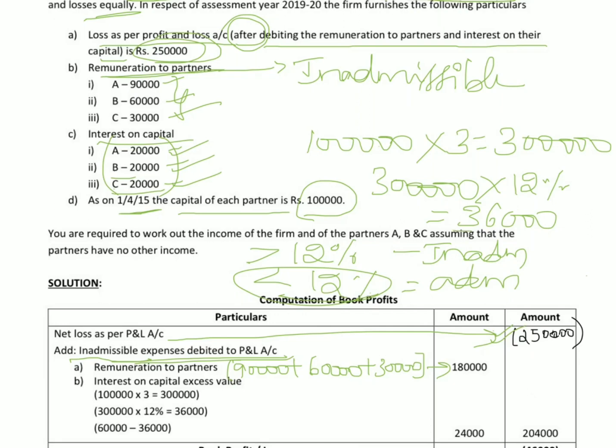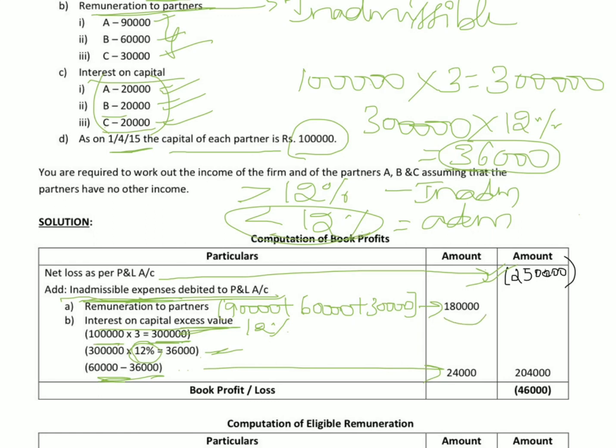So they can deduct only 36,000, not 60,000. So in the solution, the interest on capital in excess of 12% will be considered inadmissible expense. The total capital of the firm is 3 lakh, out of which 12% is admissible, that is 36,000. So 60,000 minus 36,000, 24,000, is the inadmissible value.